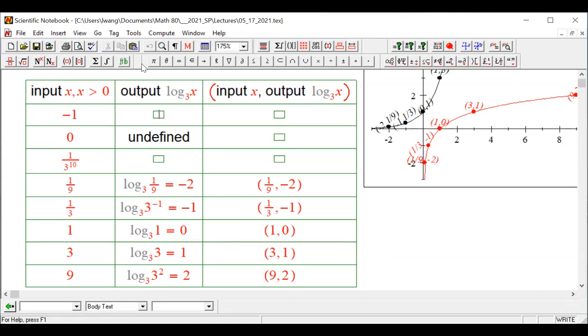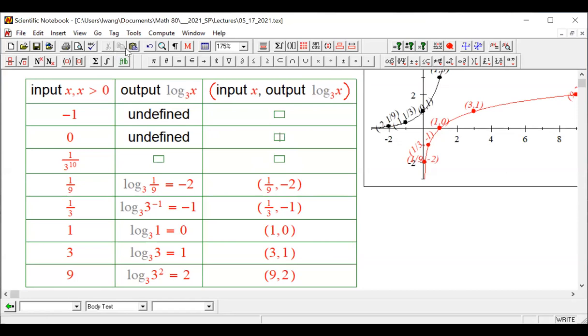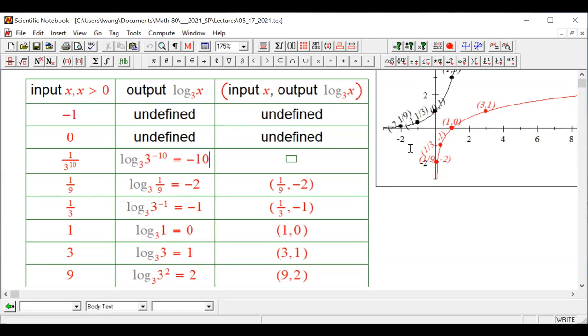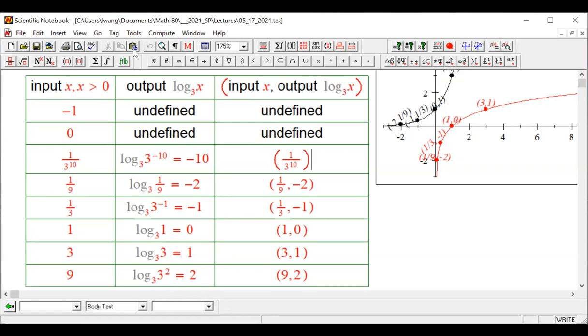These points don't exist. On this point, however, if we have log base 3 of 3 to the power negative 10, the answer, of course, is negative 10. So that point is way below. The input is 1 over 3 to the power 10, the output is negative 10.